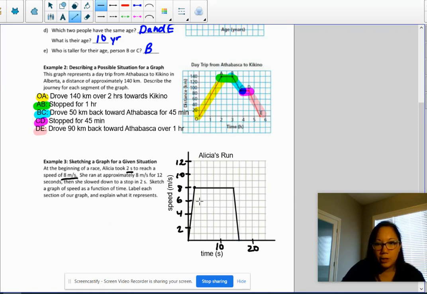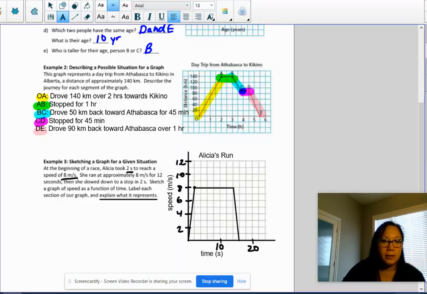Now we've pretty much finished our graph. So we've got a title, we've got each axis labeled with units, we've got appropriate scales, and now we just have to do this last part here, which is to explain what each segment meant. So let's explain.